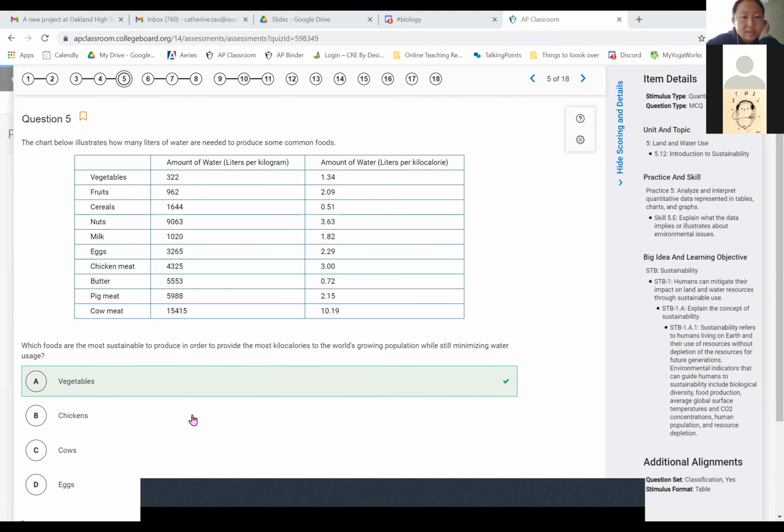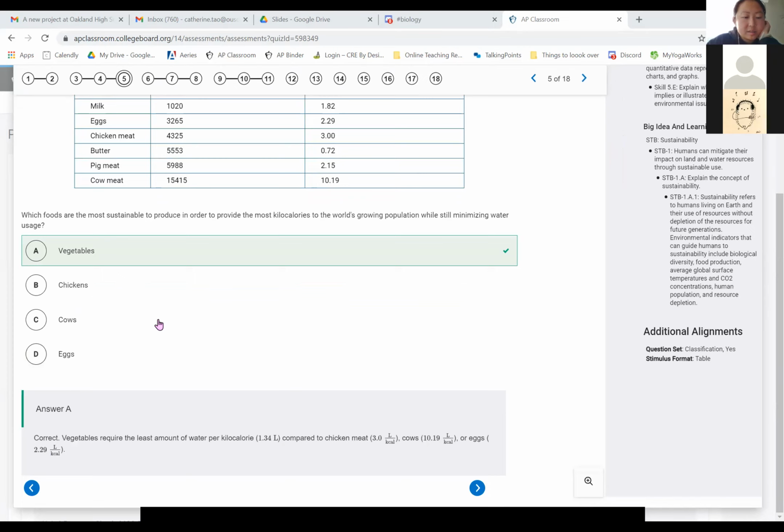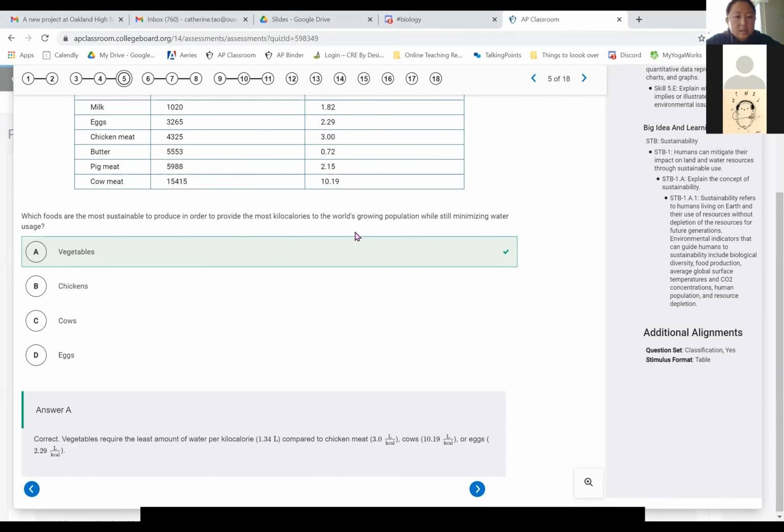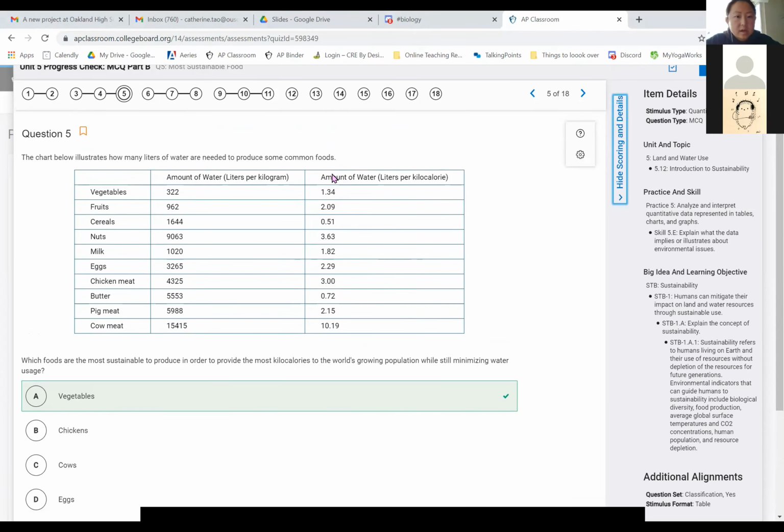Yeah, so this is the explanation. I don't know if it's too low on my screen for you to see, but hopefully you can. It says vegetables require the least amount of water per kilocalorie compared to chicken meat and cow meat or eggs. They were wanting you to look in the second column here, which is kilocalories.